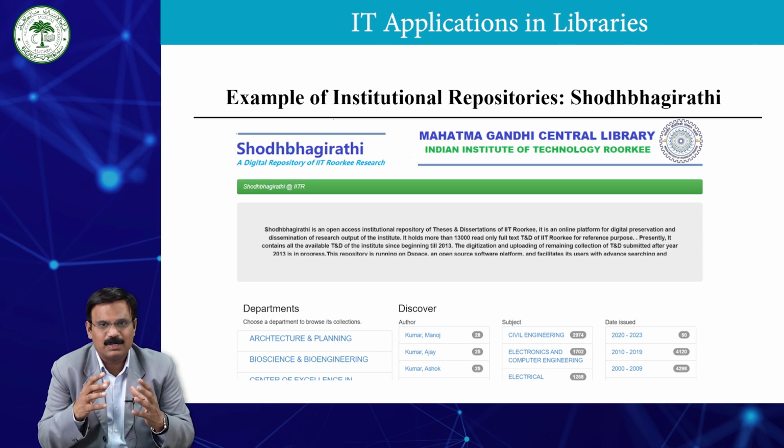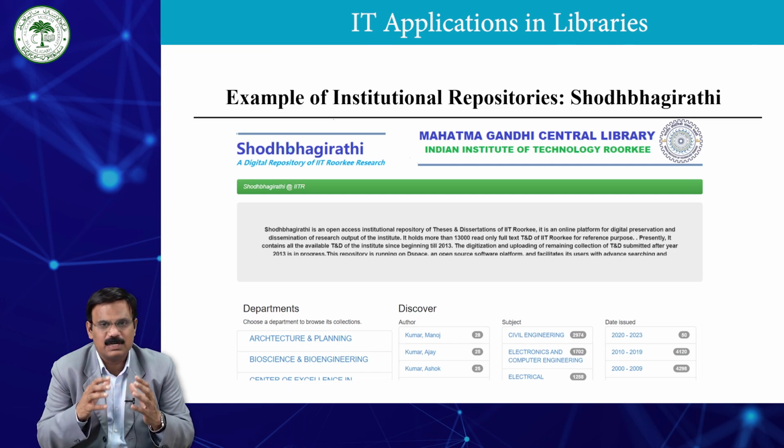It holds more than 13,000 read-only full text of thesis and dissertations of IIT Roorkee for reference purpose. Presently, it contains all the available thesis and dissertations of the institute since the beginning till 2013. The digitization and uploading of remaining collections of thesis and dissertations submitted after 2013 is in progress.